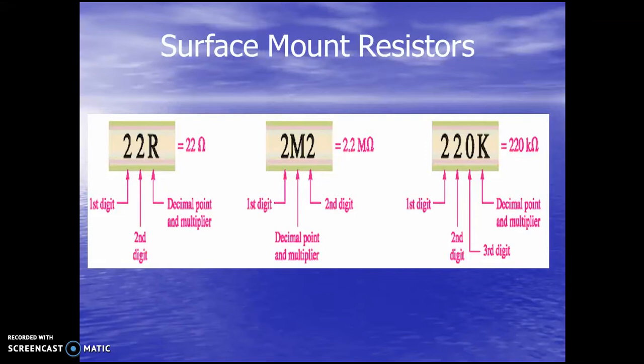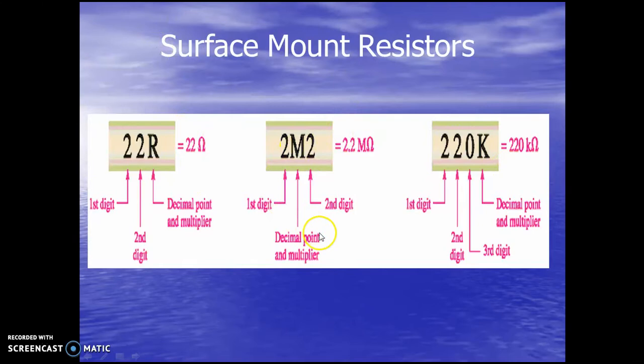So we can see on the left-hand side, the letter is to the right of all of the numbers. And so in this case, it's 22 ohms. In the center case, the letter is in between the two numbers, indicating that there's a decimal between these two numbers. So M represents million or mega.